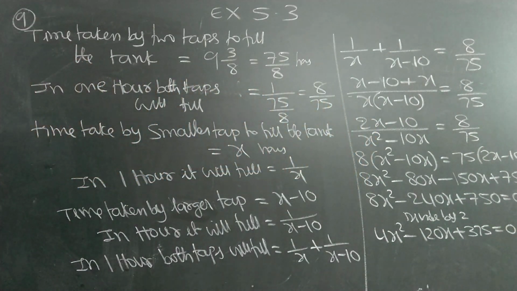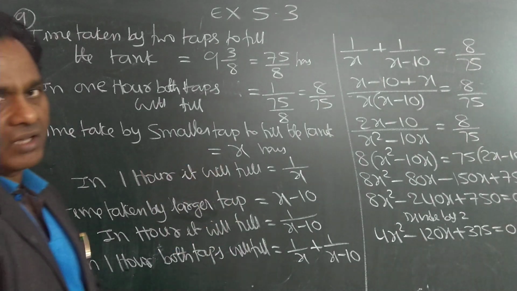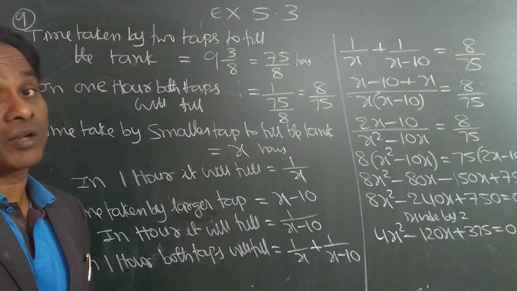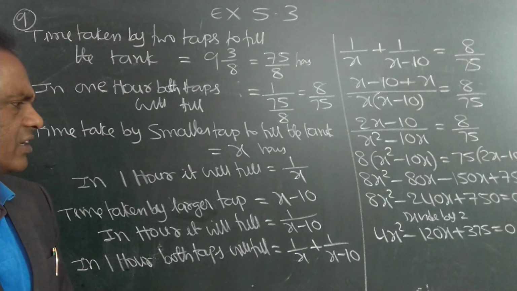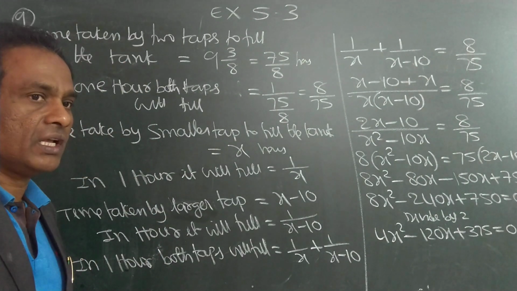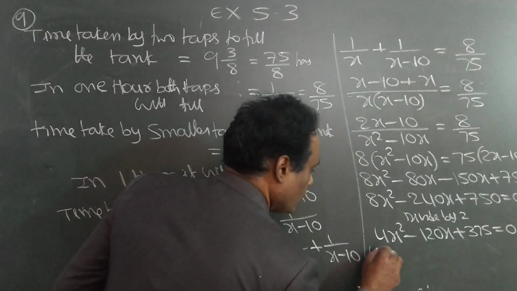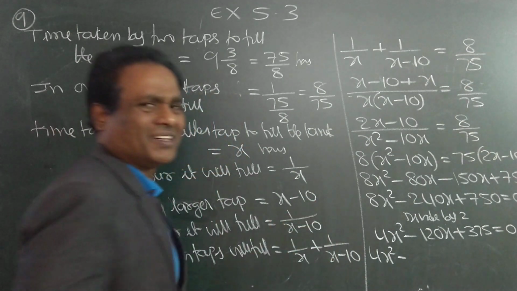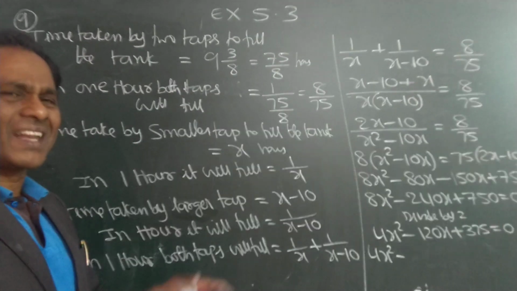Use the formula method or the factorizing method. The formula, I just reminded you: minus b plus or minus, like that, or the factors method. See here students, 4x square. You use the formula method. For me, the factorizing method will be easy.